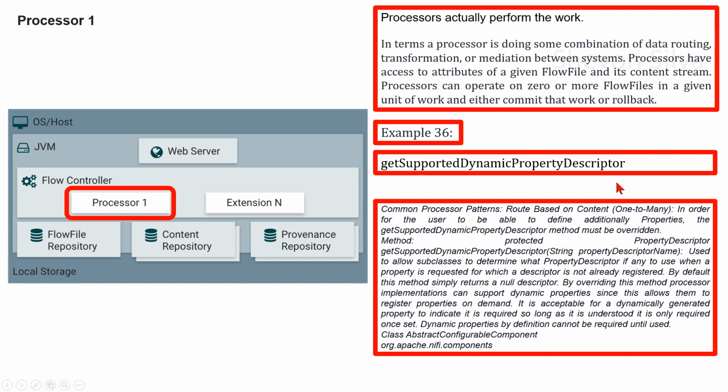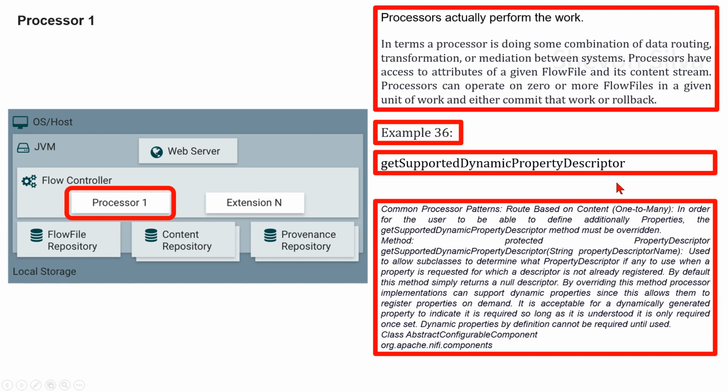Now we are considering route based on content one-to-many in common processor patterns. In order for the user to be able to define additional properties, the getSupportedDynamicPropertyDescriptor method must be overridden.